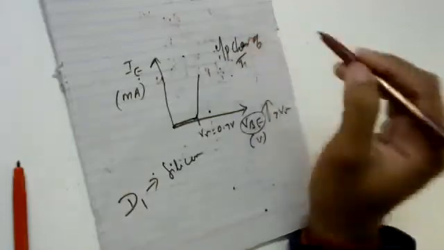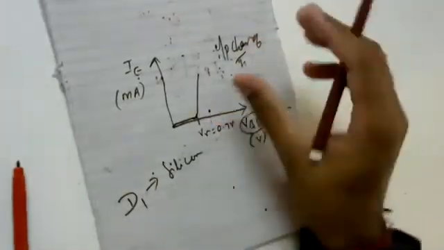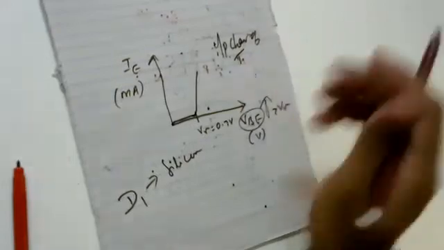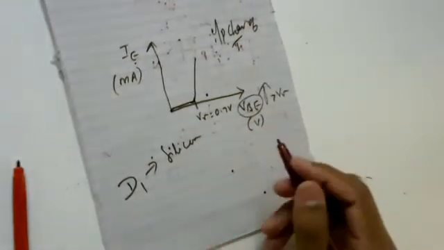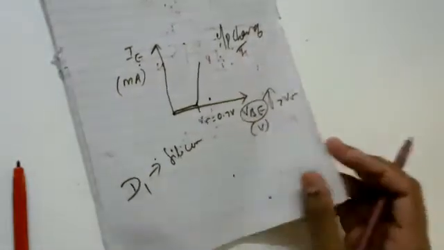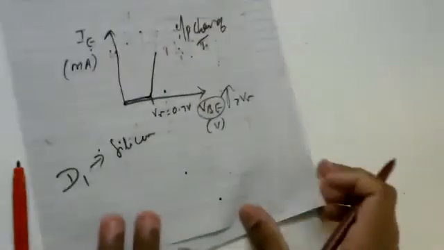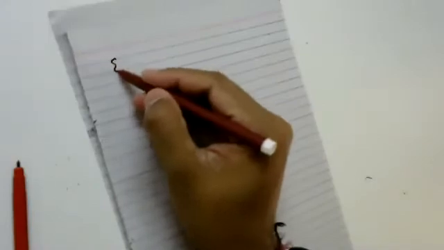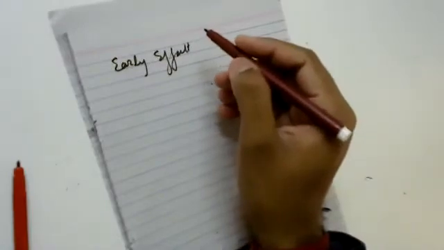Is it fine? Now we will concentrate more on a topic called the early effect. What is that early effect? This concept of the early effect was introduced by a physicist named James M. Early.